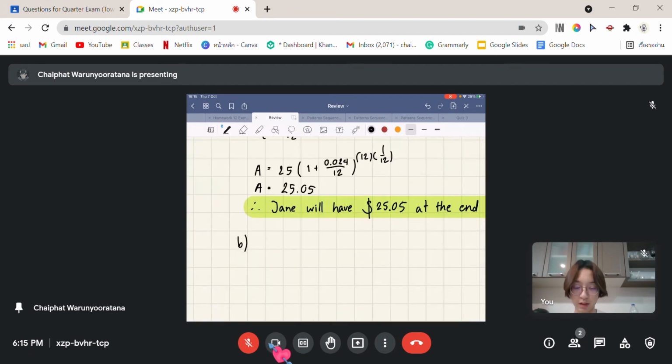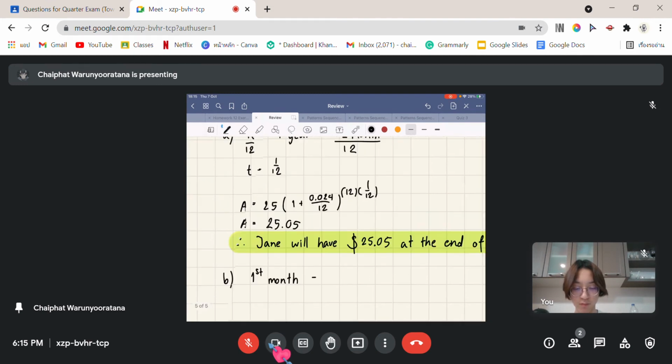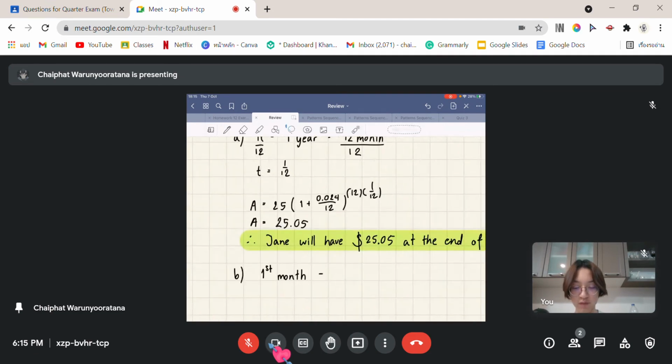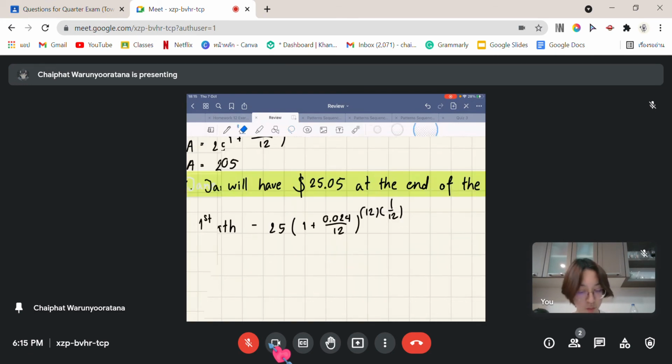Consider this. After the first month, she will have this amount of money in the first part, which we have calculated already. Let me change this to 1.